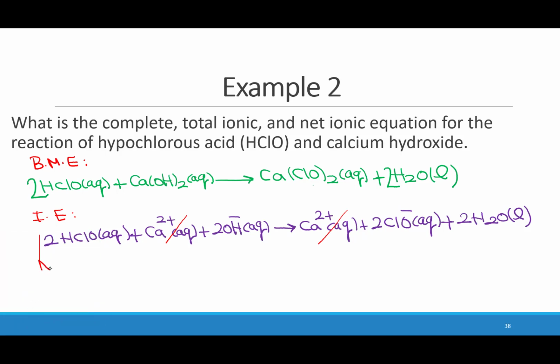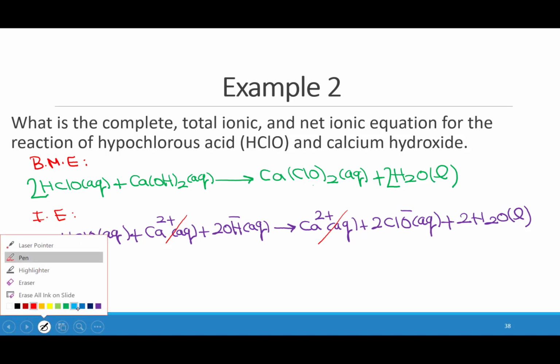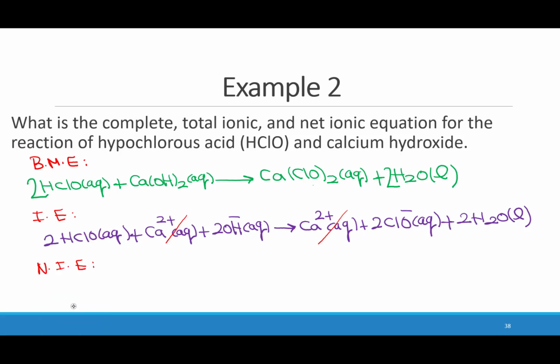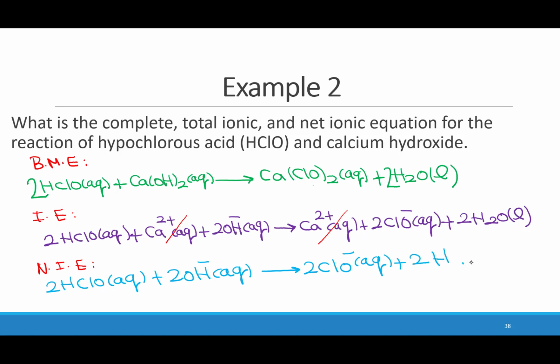Therefore, the net ionic equation will be, then this is our net ionic equation for the above reaction.